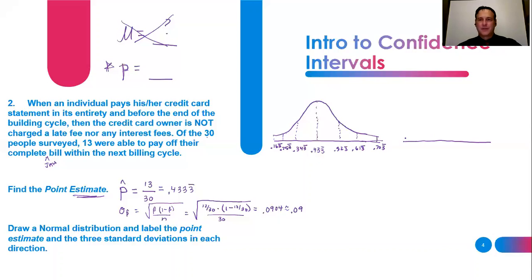Let's see if I can draw just a little quick one right here. Here's 1 standard deviation. That is 68% of all your data. If you go 2 standard deviations, that is 95%. And the last one, of course, is 99%.